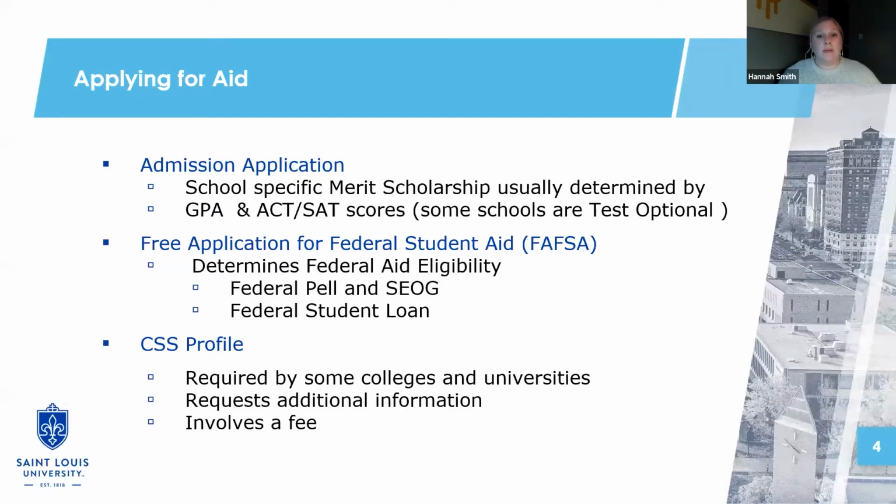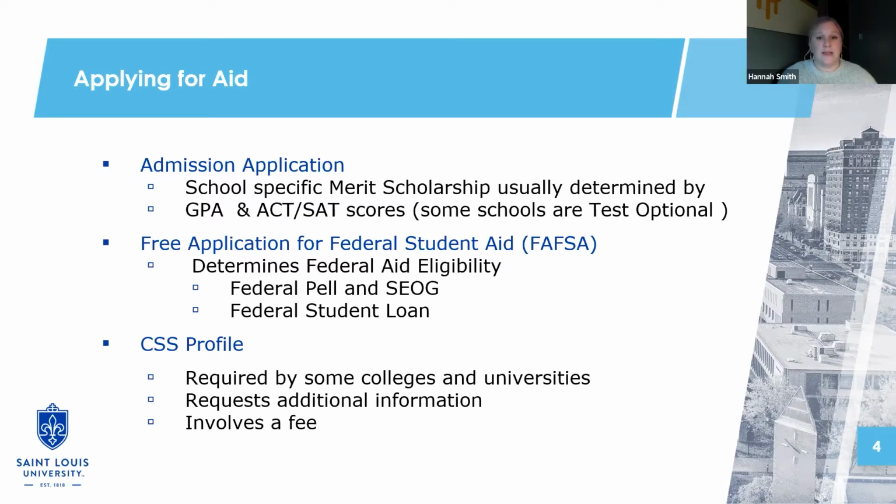Now, when we're talking about applying for these different types of aid, typically you're going to be in the pool for those merit scholarships based on your student's application for admission. That's a big question that you'll want to ask the different colleges and universities that you're planning on applying to: is the admission application also the application for merit-based scholarships, or is there a separate application that I need to file to put my name in the hat for some scholarships at that college or university?